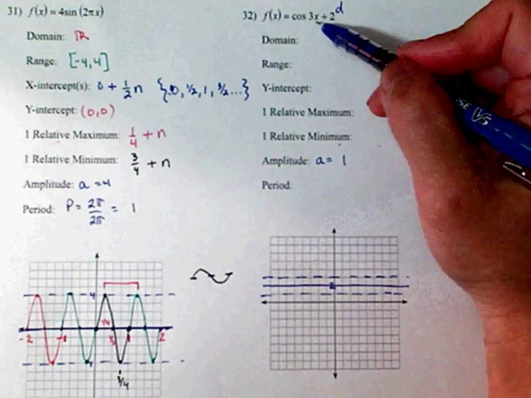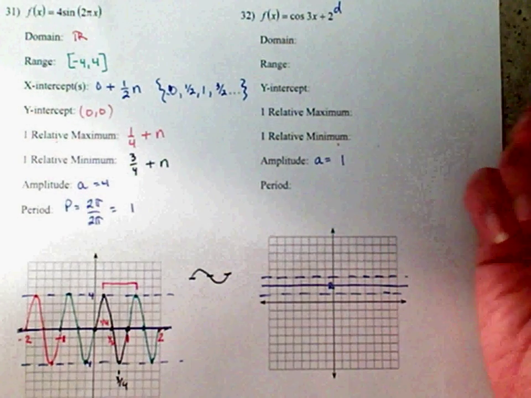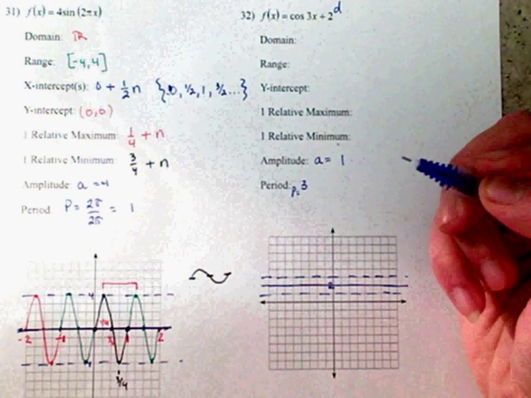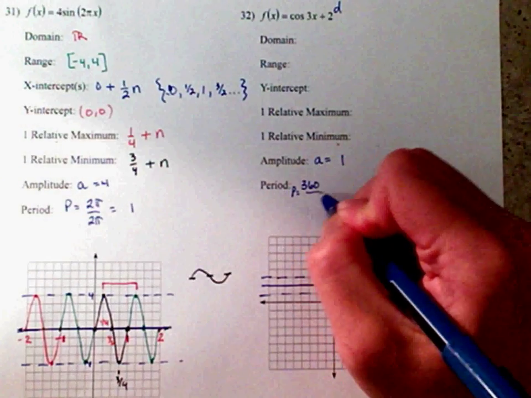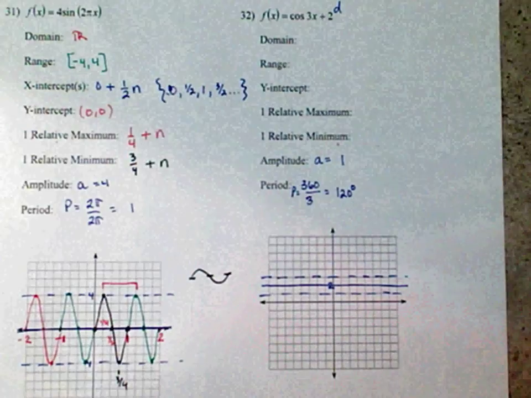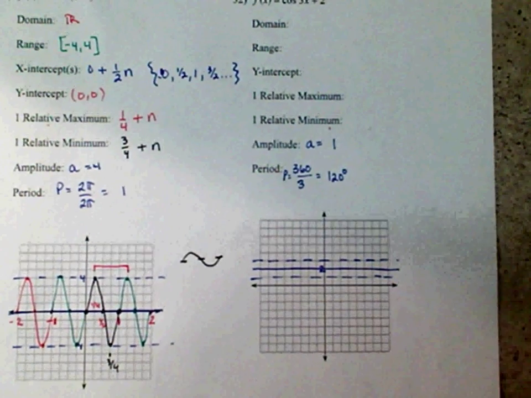Notice how there's not a pi in it, so you can use 360 if you want, or you can just do 2 pi over 3. But I'm actually going to use 360 degrees because it doesn't denote pi, divided by 3, which gives you 120 degrees.